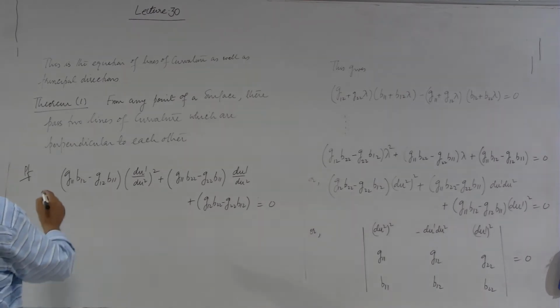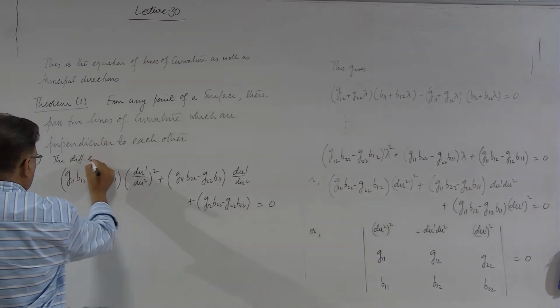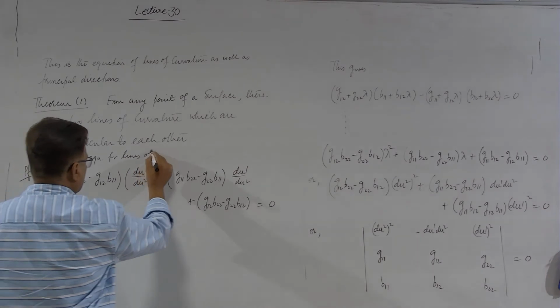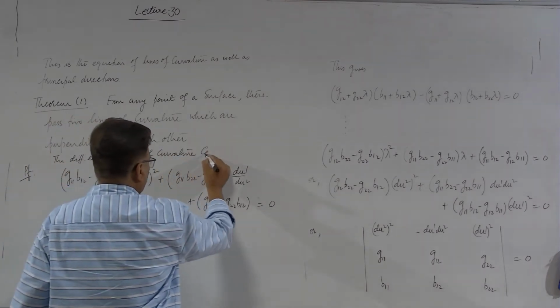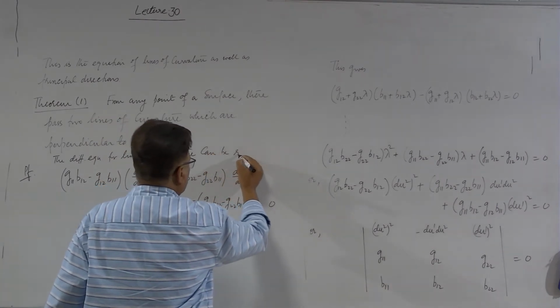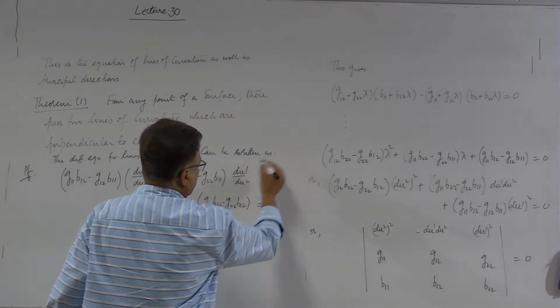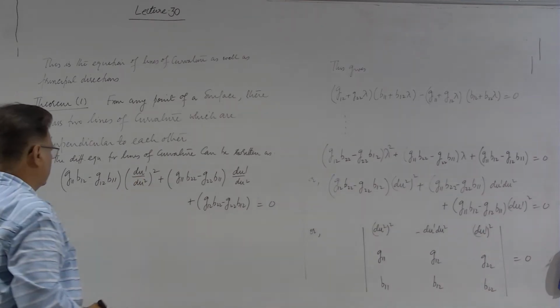So, the differential equation for lines of curvature can be written as this. Now suppose the two principal directions are du1 upon du2 and delta u1 upon delta u2, the two roots of this.